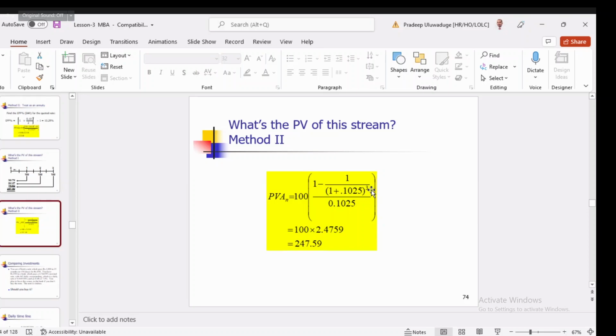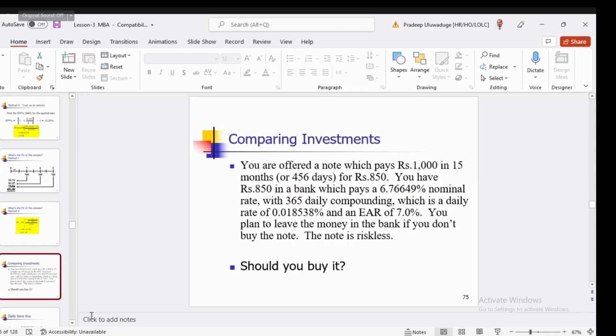Multiplied by the amount 100 rupees, it gives us the same answer, 247 and 59 cents. So this is how you handle the differences in the frequency of the cash flow and the compounding frequency.